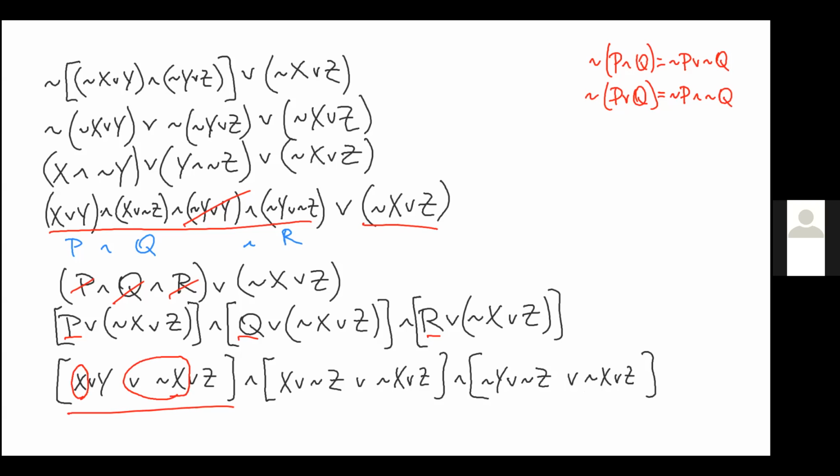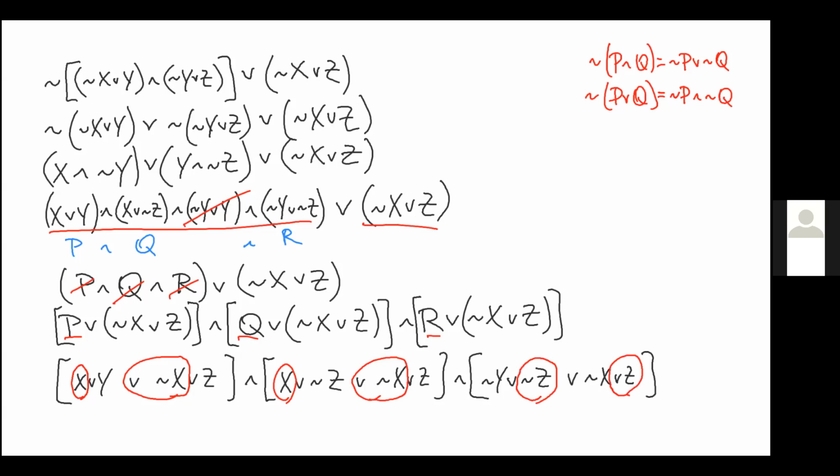I'm just looking at those terms because I could rearrange them to be right next to each other, X or not X. What else do I have? I have the same thing here, X or not X. And then over in the final pair of brackets, I have not Z or Z.